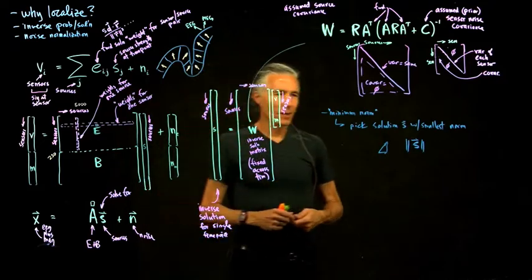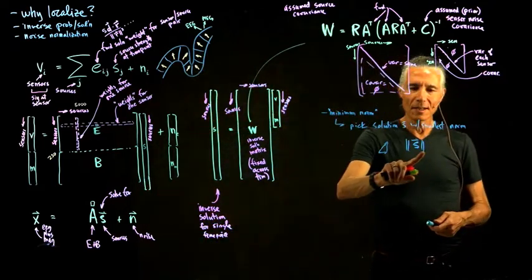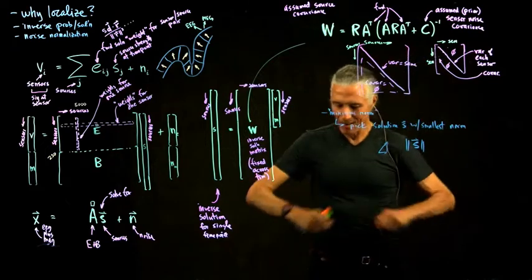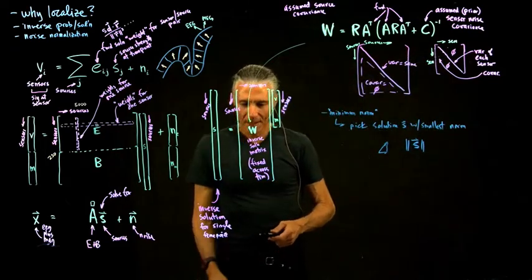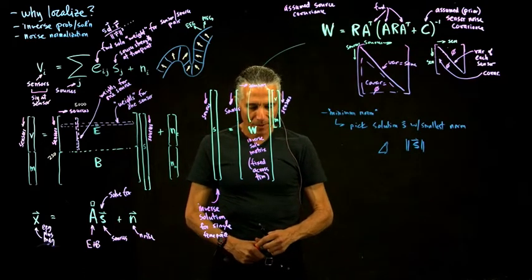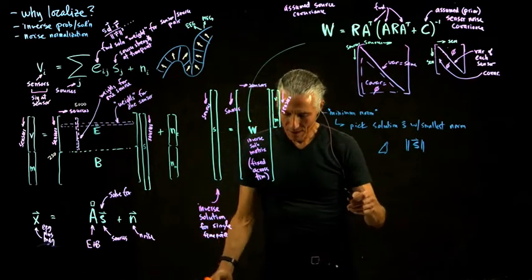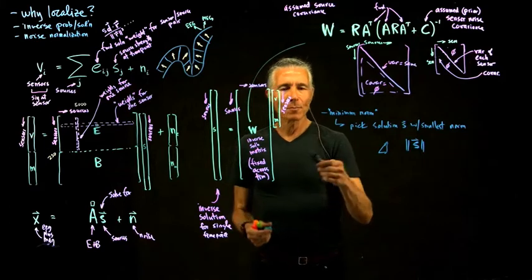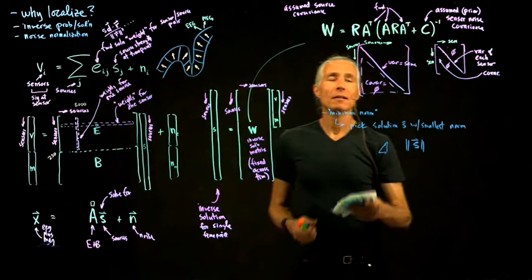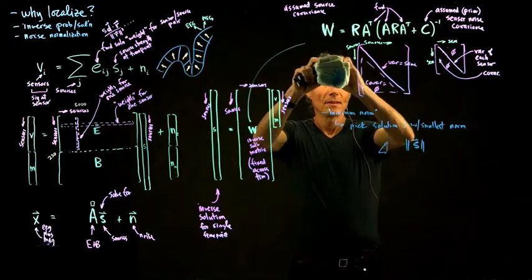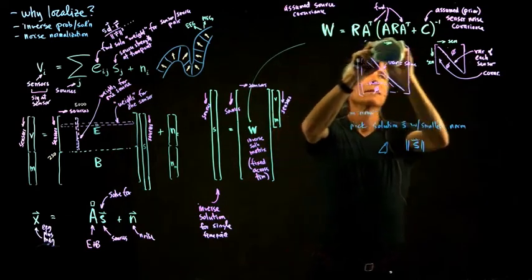The problem with it is that if you look at this solution, it seems like it misbehaves. So let's take an example of how the minimum norm solution will work. Let's start off with a superficial source.